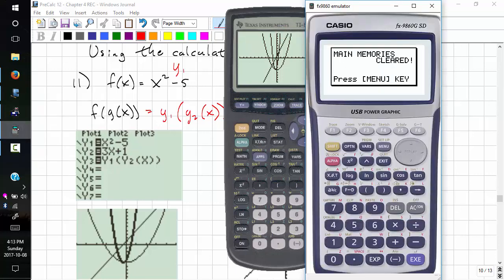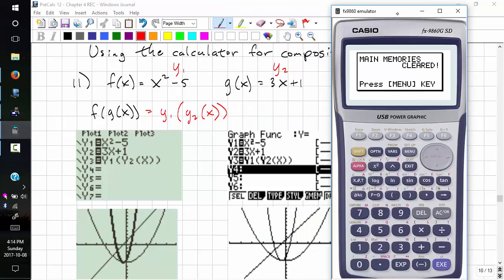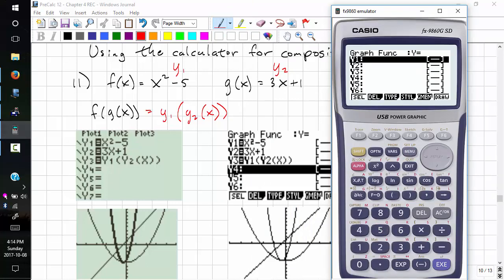Let's look at this on the Casio. Okay, menu, graph. Again, we have x squared minus 5, 3x plus 1, and we just need to press right, and we use this.